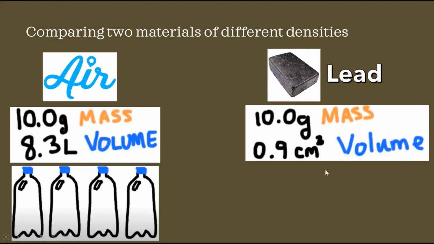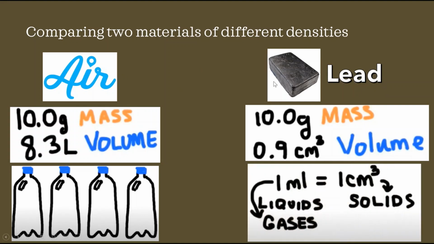So we need to find one common unit in order to compare the two materials, air and lead. This is the unit conversion we need to remember: 1 milliliter of liquids or gases is equal to 1 centimeter cube of solids, like the lead example here. Okay, so you will remember this.